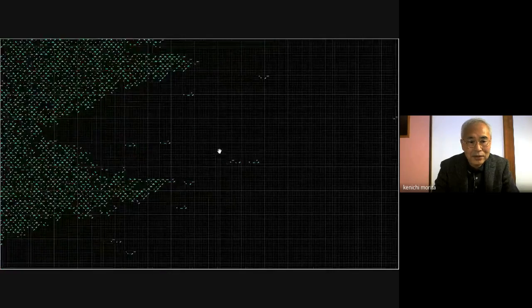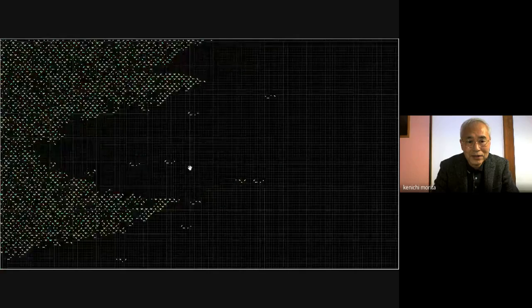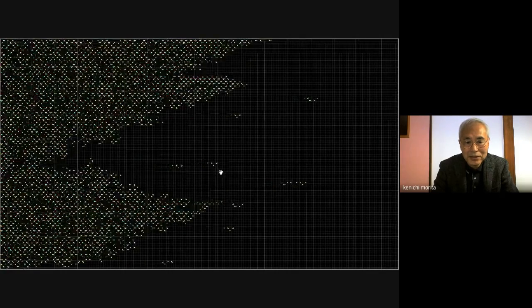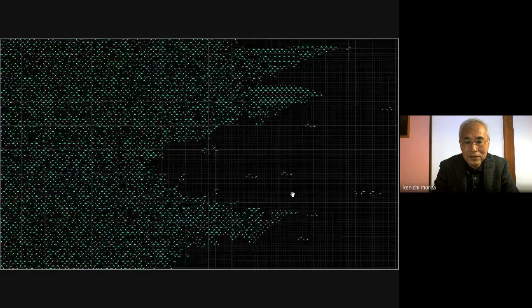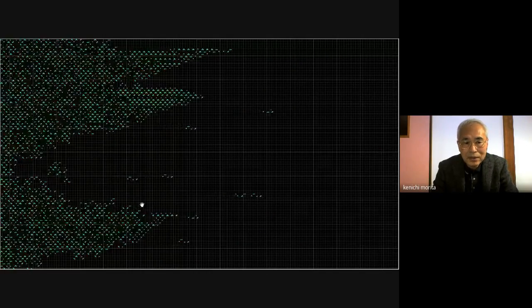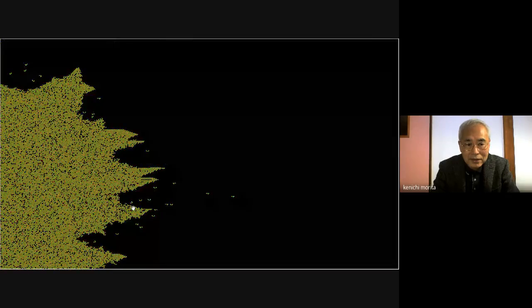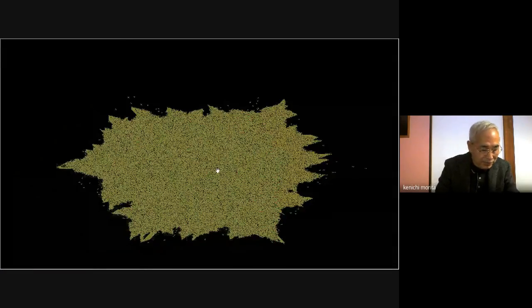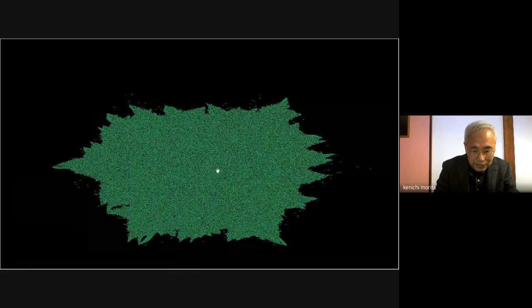At the edge of this configuration, many gliders are generated. Can you see?